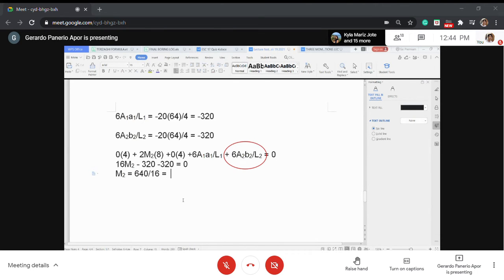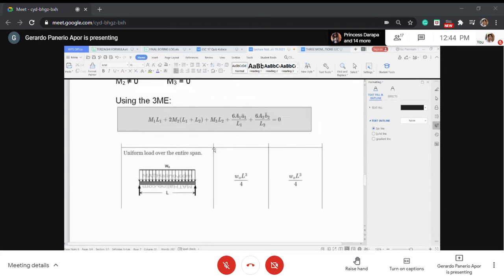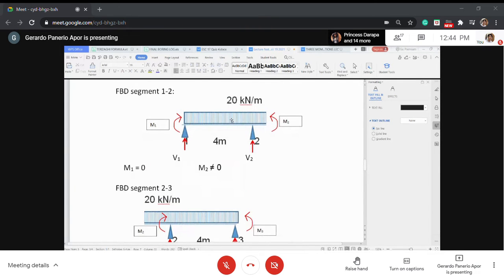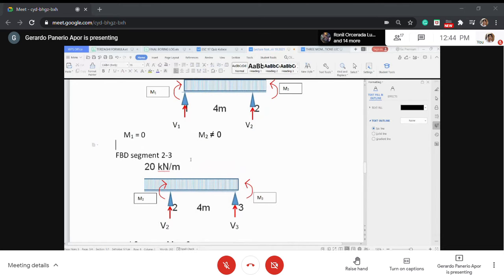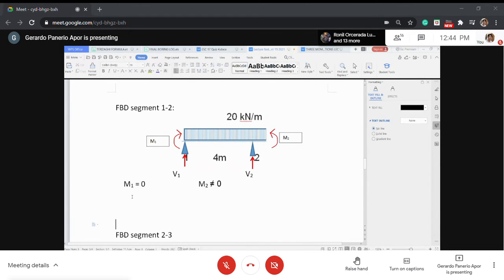So M2 is equal to, the unit is kNm, 640 divided by 16, that is 40. Okay. So once you know the moment, you go back here. We are going to sum up moment at 2, equal to 0.